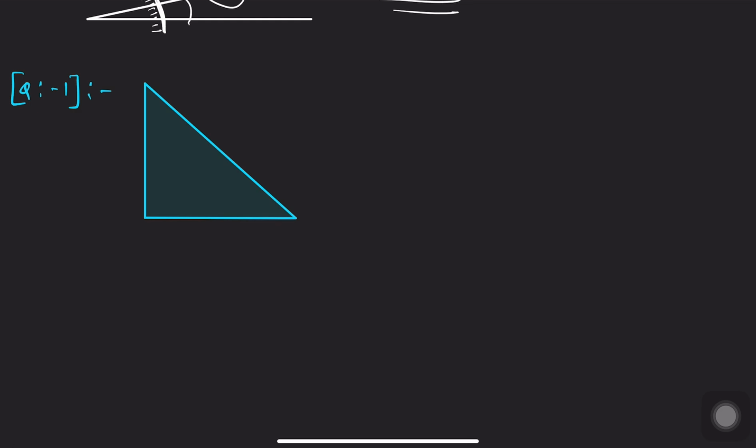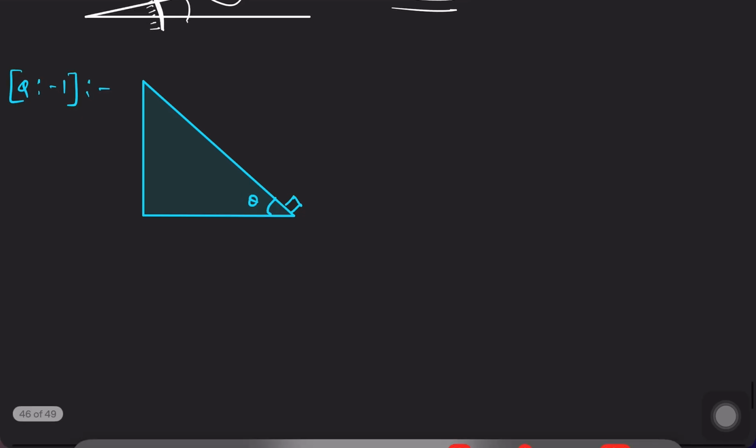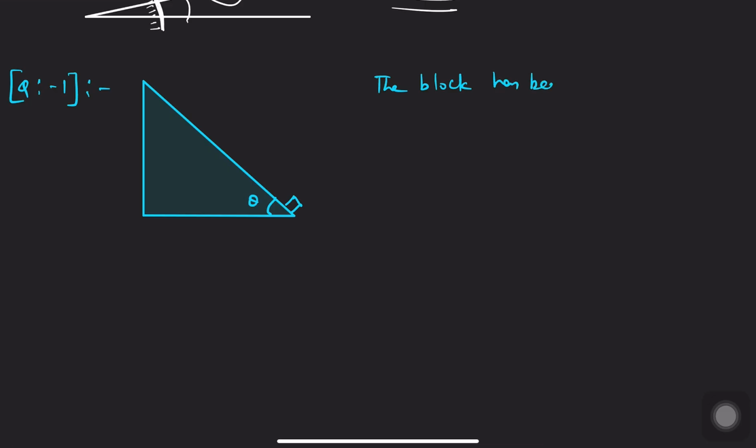So guys, this angle is given as theta, and there is a body. Mass is not needed, so I'm not mentioning it. They are saying like this: the body or block has been thrown along the inclined plane.